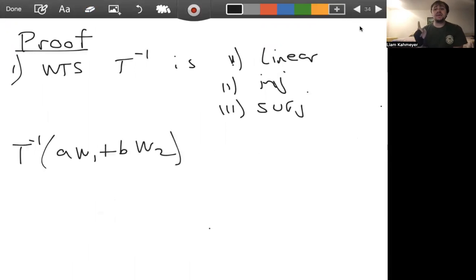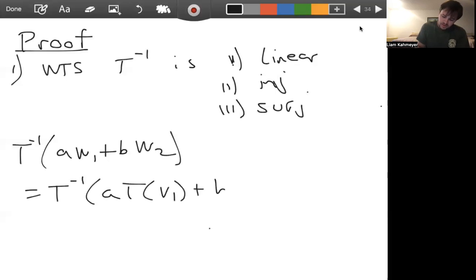But T itself is an isomorphism. So we can write this as T inverse of A T of V1 plus B T of V2. This property really comes not from it being an isomorphism, but more because it's a surjection, right?